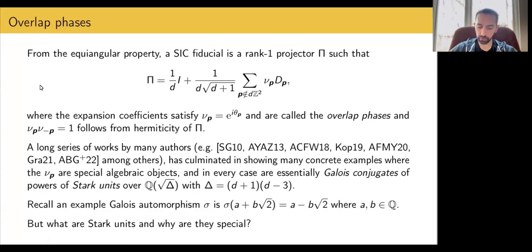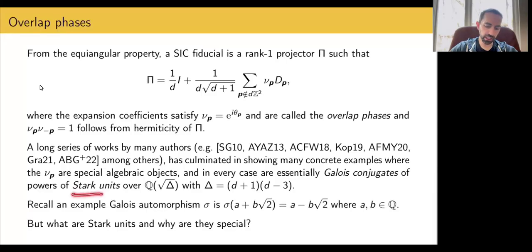That's important. So for example, if I have the field Q adjoin root 2, then, I mean, it's a field automorphism. It's stronger than Q-linear. Then I just flip the sign of root 2, okay? And it fixes the rational numbers. So that's how Galois automorphisms work. If you understand complex conjugation, you've got a good understanding of Galois conjugation.